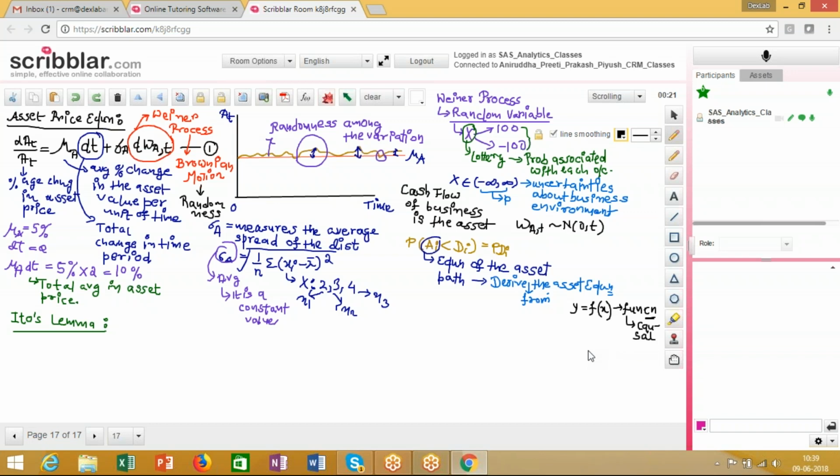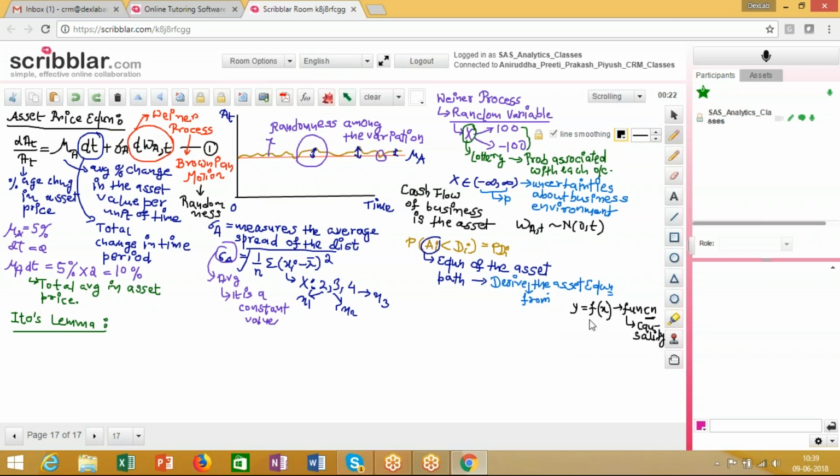How is X causing Y? If X changes by 1 unit, what would its impact on Y be? By how much, or what percentage, will Y be changing? So this is known as causality. Right.